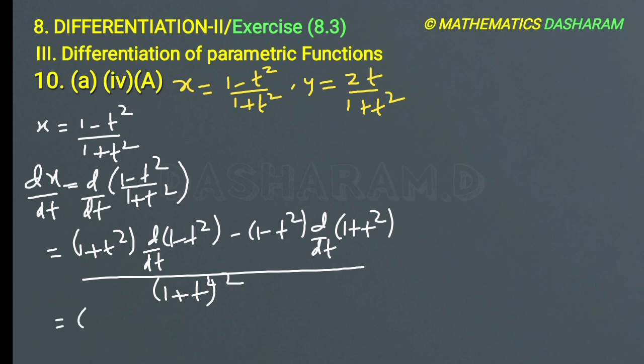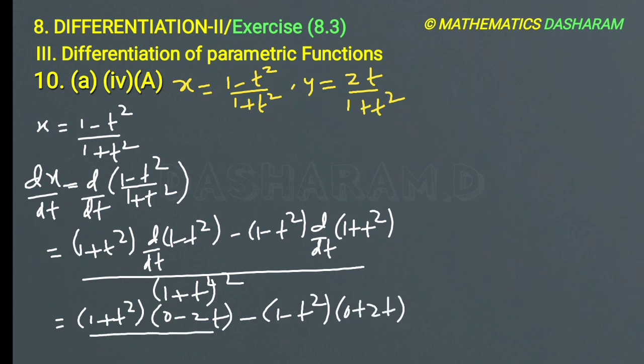So it is equal to (1 plus t square) into, derivative of 1 is 0 and derivative of t square is 2t, minus (1 minus t square) into 0 plus 2t, whole divided by (1 plus t square) whole square.